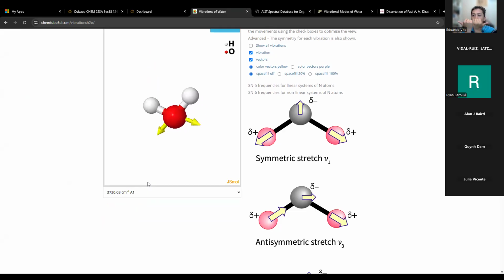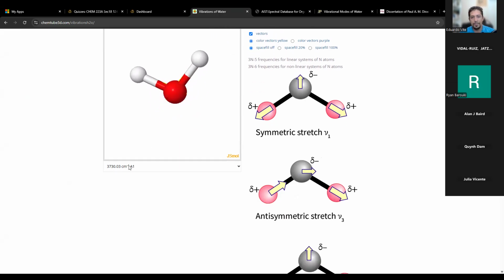It is not -1 + 1, 0. No, they're both pointing in the same direction upwards. So they actually add together and form a third vector. And that's why this stretch is still visible in IR, even though it's in a symmetrical molecule and the stretch itself is a symmetric stretch. The dipole vectors have to cancel out completely if it's going to disappear from IR. I'll show you more examples so you know what I mean.